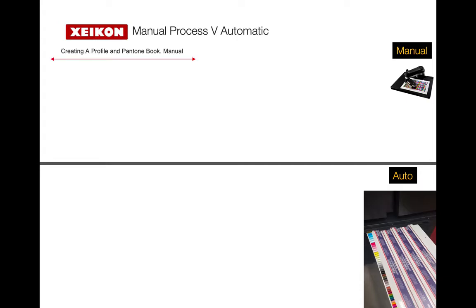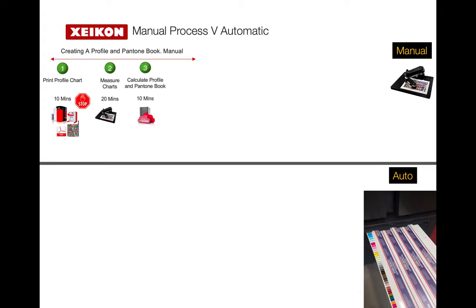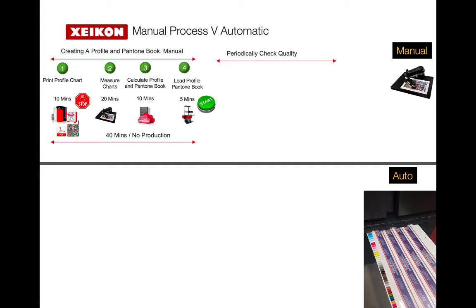So we have to create a profile. We have to print something, we have to measure something, we have to calculate that thing in a software, and then we have to configure a workflow. At this point, we're in a good place to go to production. However, there's the flip side to all colour management, and that is we need to check that we're in a good place.